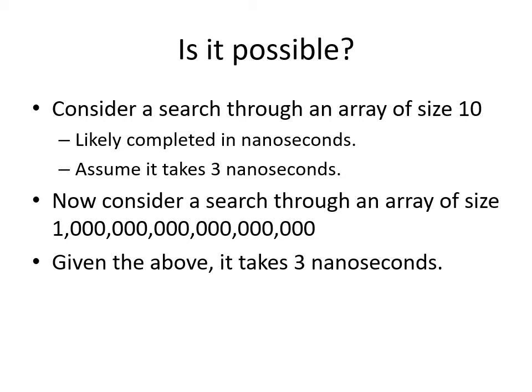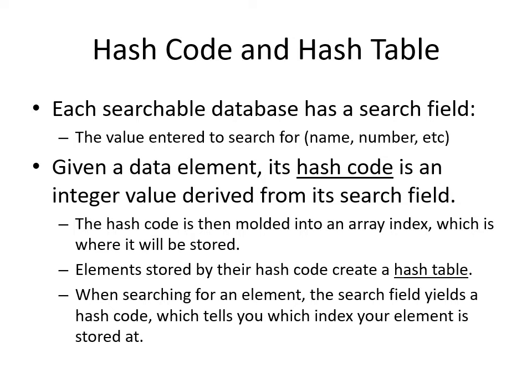So that's a claim that I would imagine many people who know a little bit about computer science would think is impossible, but it is very possible. It's something that we will be able to do. So the concept of the hash code and the hash table is that if you're going to have a database that you can search in, there's going to be some kind of search field.